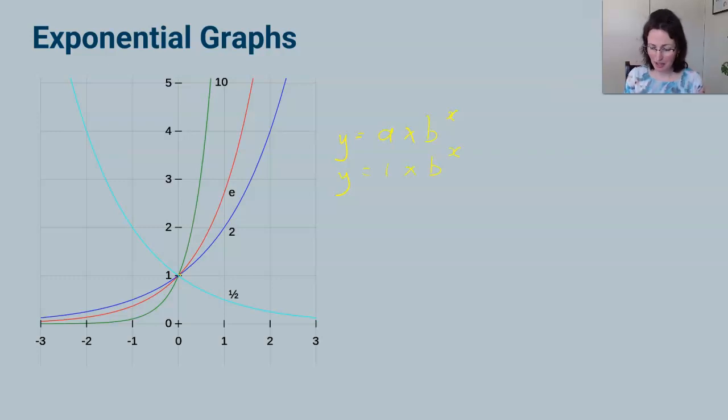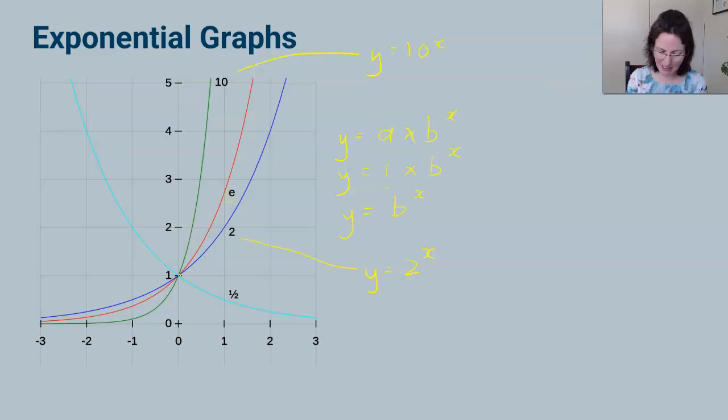As we've mentioned before, if it's multiplied by 1, you actually don't have to put that in. So these 4 functions will all have this format, just y is equal to b to the power of x. What are the 4 b's then? Well, there are numbers on those graphs that will help us. So the dark green one here is y is equal to 10 to the power of x. The dark blue one here is y is equal to 2 to the power of x.